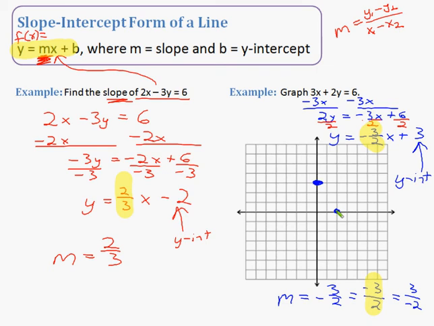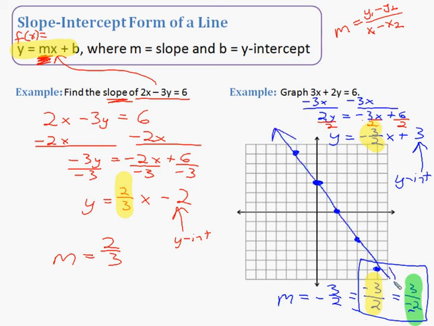And I could keep doing that, down 3, right 2, down 3, right 2. I also could use this. This actually says we'll go up 3 and then left 2. So using either one of these ideas of negative 3/2 is going to give us what we need. And then we can go ahead and graph our line through these points.